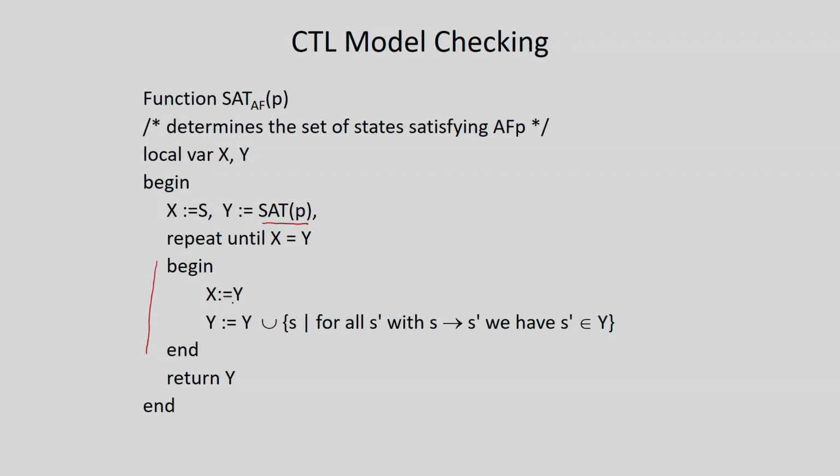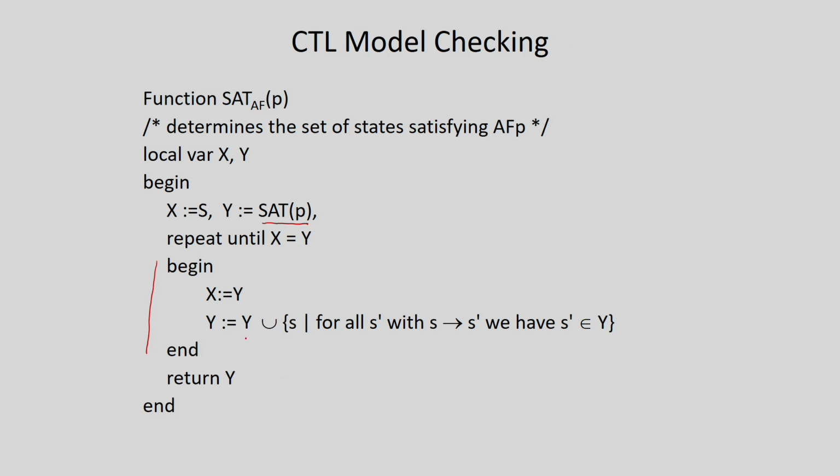Now we make X equal to Y. Then we append to Y. First we know that if P is true in a state, then AFP is also true in that state. Now we collect more states.